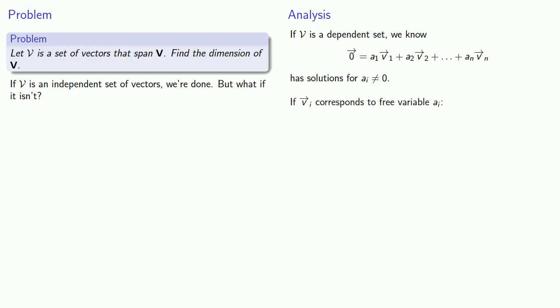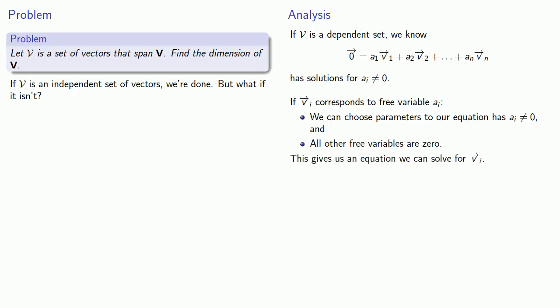Because it corresponds to a free variable, I can always choose my parameters to the equation so that the corresponding coefficient a_i is not equal to 0. And, so as not to confuse the issue, I'll set the other free variables to have value 0. And what this means is we have an equation that we can solve for v_i.